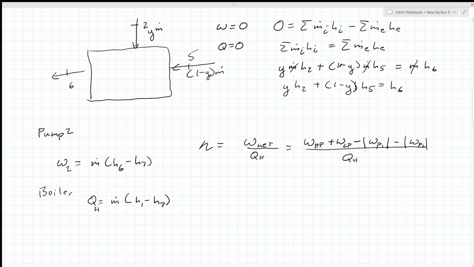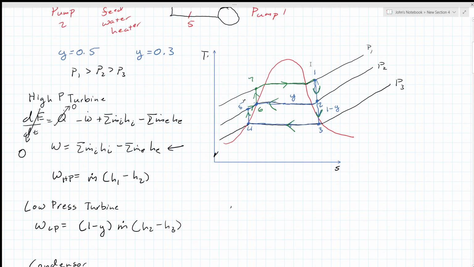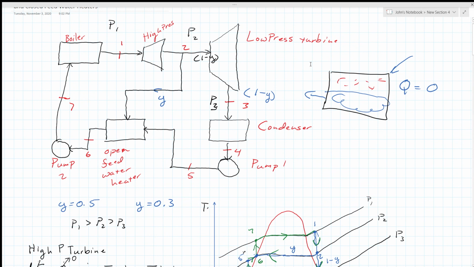Now I have this absolute value here for your benefit so as not to confuse you. Whenever I'm solving it, I leave the pumps as a positive number and I simply write, say, for pump 2, 5 kilojoules of work pumped into the system. So I know, okay, that's going into the system. I have to deduct that from my efficiency. But this is how you analyze an open feed water heater.